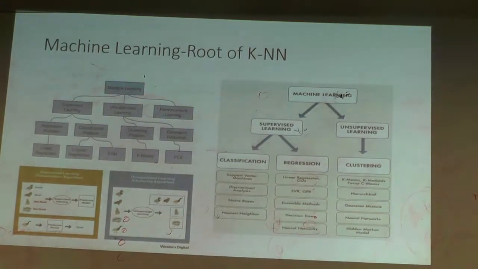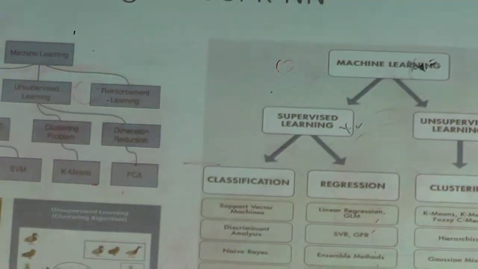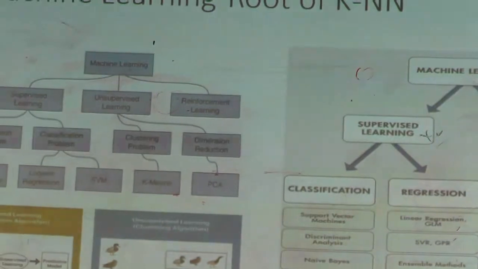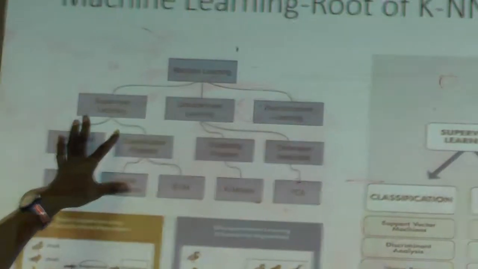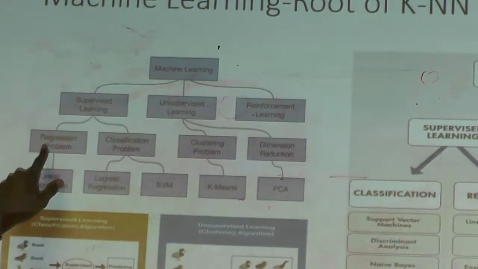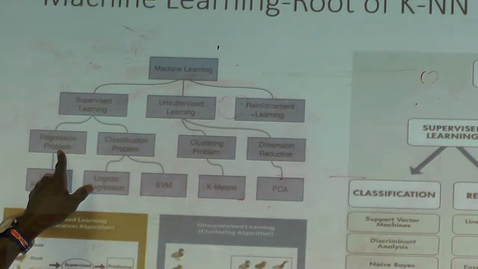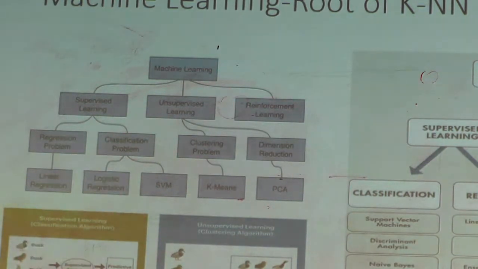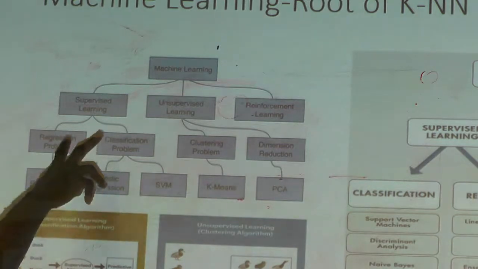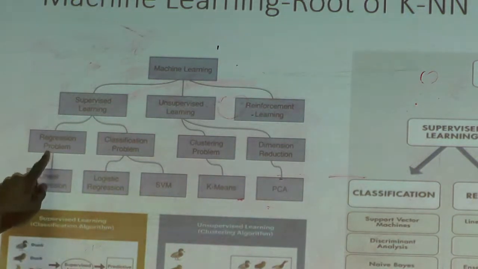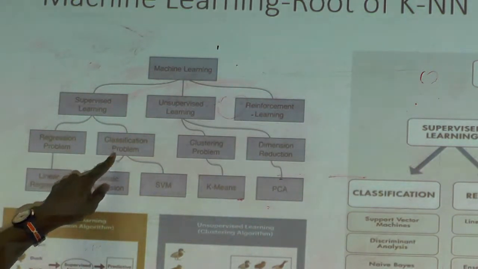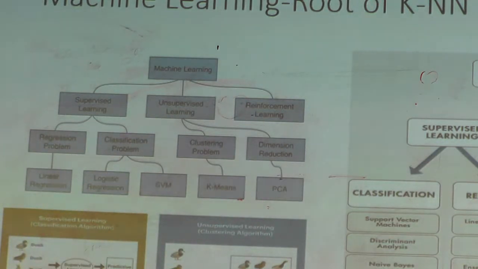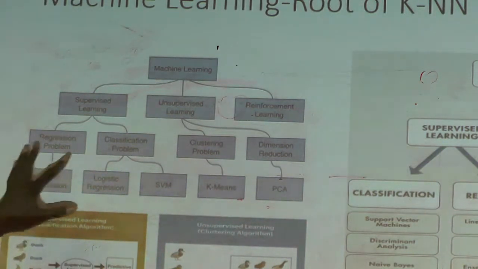There's also semi-supervised learning, where your deep learning basically falls. Then under supervised learning, you have your regression problem, which Prof told you earlier on, and classification. You can do two things under supervised learning, which are your regression problem and your classification, or predictive, problem.